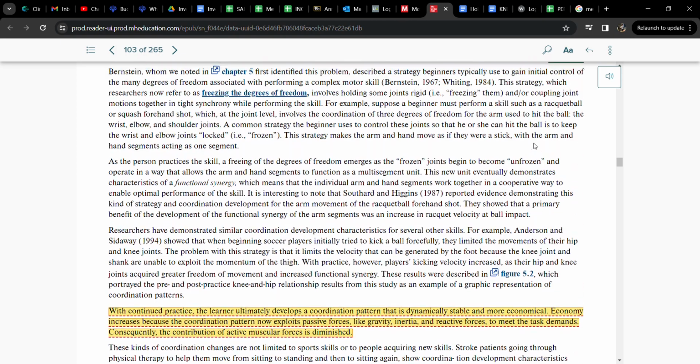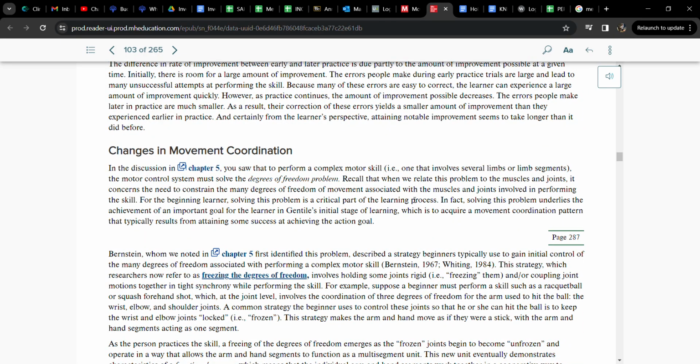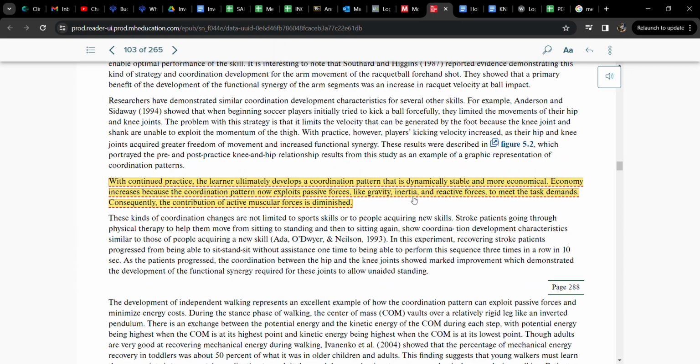That is your change in movement coordination, right? You're not going to be moving extra body parts that you don't need to. It's kind of like in running. You've all seen people who flail their arms around all over the place, and you think, well, I know that's not very efficient. So that's something you want to see as you improve in a skill: more economy of movement.